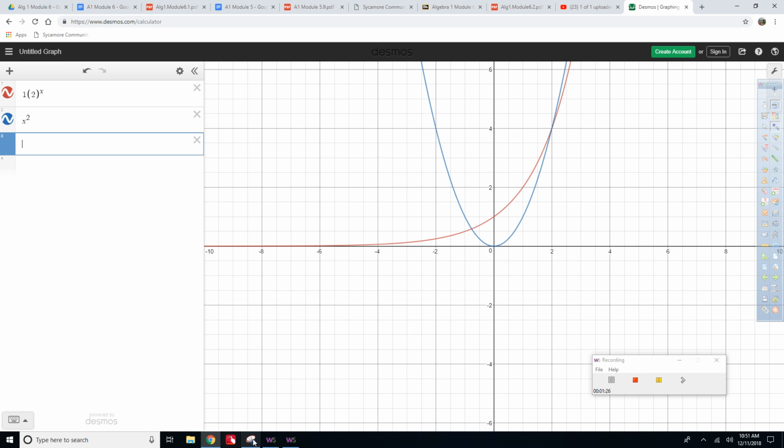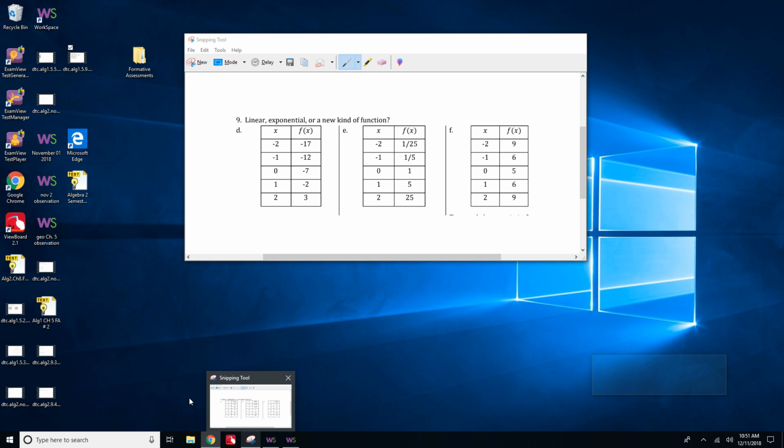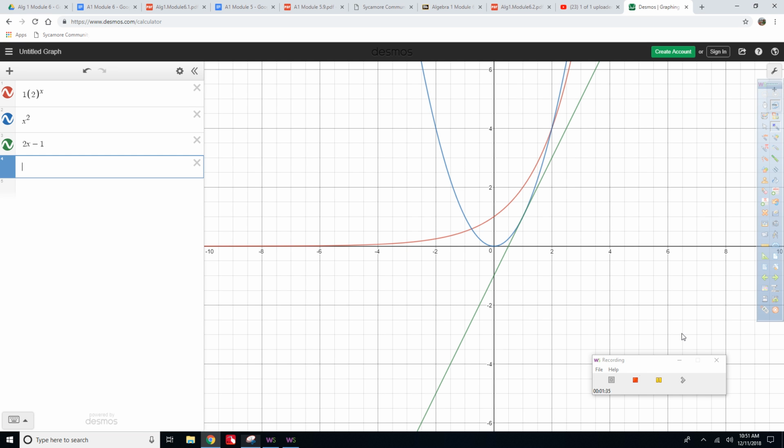And our last one was 2x minus 3. Is that right? So you can see that the curves coincide with the colors.